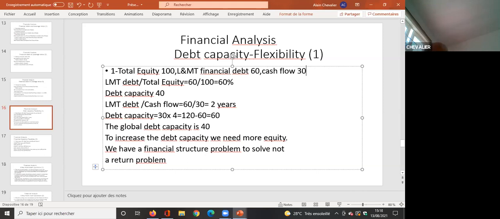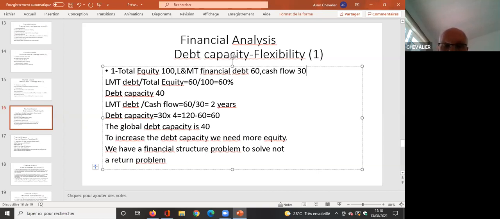And when you have a debt capacity problem in terms of financial policy, what is the solution in general? It is to increase the equity level. Because if I increase the equity level, of course, to like 20, I bring 20 more equity with a counterpart, which is cash.